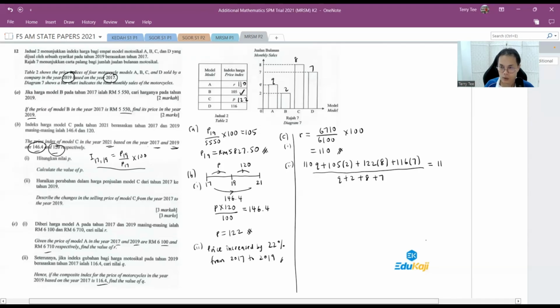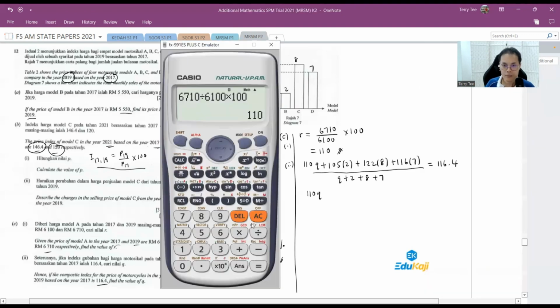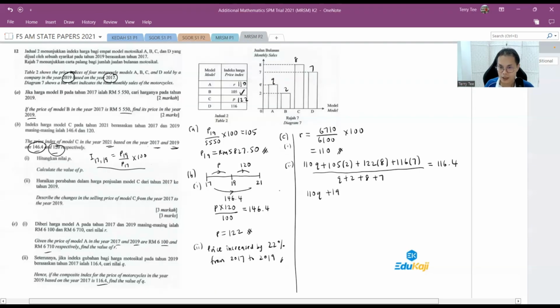This total is 116.4. What I need you to do is to calculate all the rest. Just use your calculator: take 105 times 2, plus 122 times 8, plus 116 times 7. Let's count this first. I got 1998, sorry.